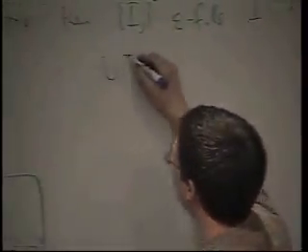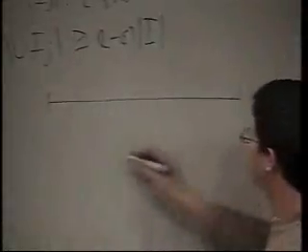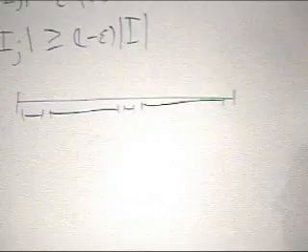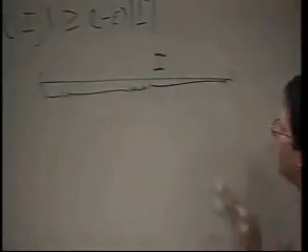So the union of the I_j has size at least 1 minus epsilon times the size of I. Right, so this is what it looks like. You have I, these are the I_j's, and you allow a little bit of space not to be covered, but not too much, at most epsilon of the whole thing.